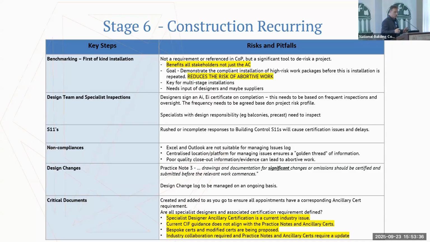So we're into a realm now where we had a standard, we had practice notes to reference, we had template ancillary certs. We're now in an era where contractors are potentially offering you something weird and wonderful and bespoke.